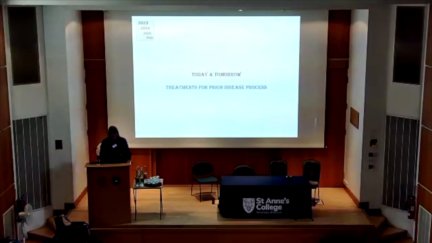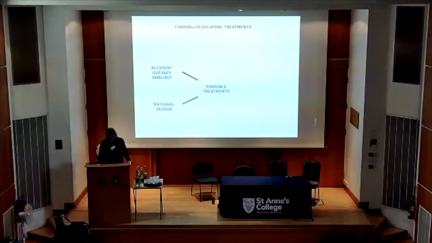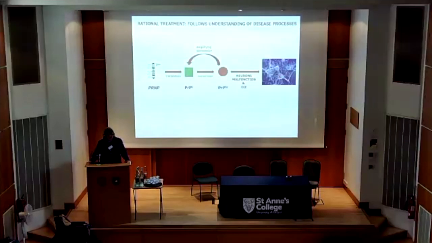So I'm going to finish with some treatment, hopefully to lead on to Simon's talk. First of all, you've got to choose treatments, and this might be because of an accident, or it might be because you guess what the treatment might be, or it might be an analogy with other diseases, or you might try to rationally design a treatment. Well, if you're going to rationally design a treatment, it follows the understanding of the disease process. And very simply and extremely simplistically, you could reduce PrPC, because if you get rid of PrPC in some way, then it will not be converted anymore to the abnormal prion protein.